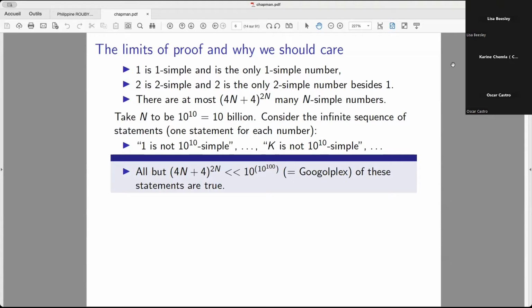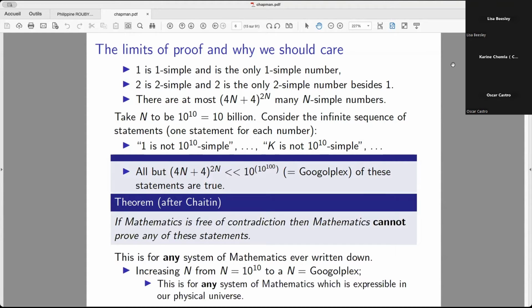Okay, so there are at most, I'll bring in a Googolplex, many 10 to the 10 simple numbers. So all but at most a Googolplex of these statements are true. And a Googolplex is much larger than the bound that I just gave. Well, after Chaitin, if mathematics is free from contradiction, mathematics cannot prove any of these statements, not a single one.